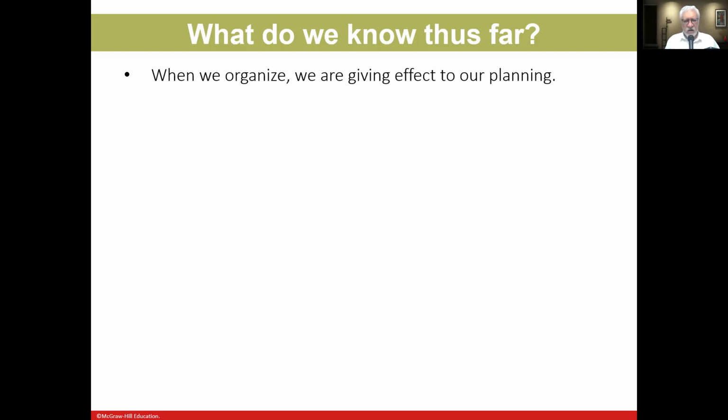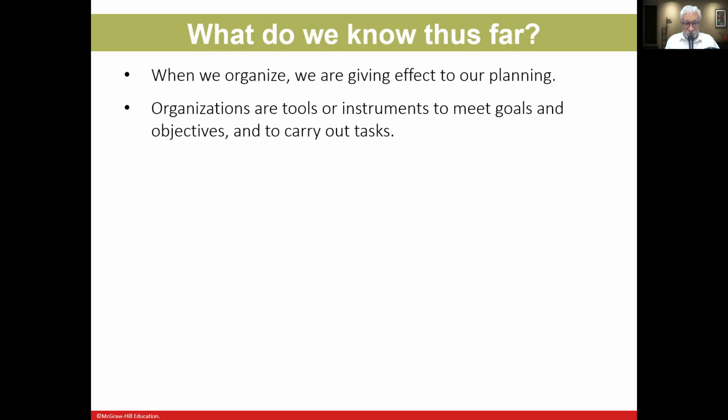So we're planning how to achieve a goal, and how we achieve that goal is by organizing our resources in a particular way. So organization is about that, organizing of resources. And when that happens, there's no guarantee that we'll achieve our goal, but there's a better chance. We also know from the definition, the Greek word, remember, organon, that organizations are tools or instruments to meet goals and objectives and to carry out tasks.